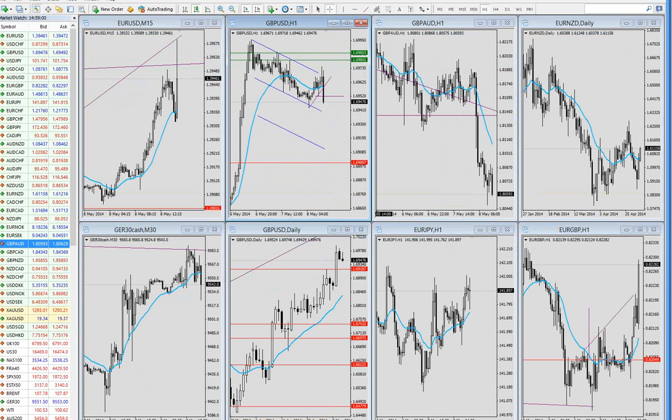Let's see what's going to happen. Top of the hour. So we may want to see some pullback. 58.63, right?